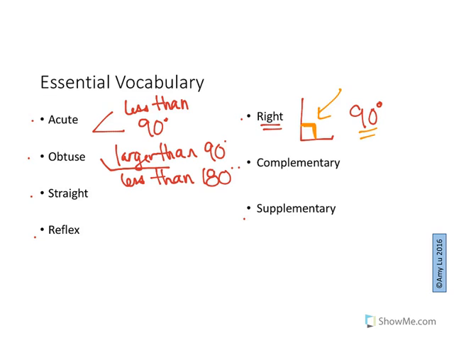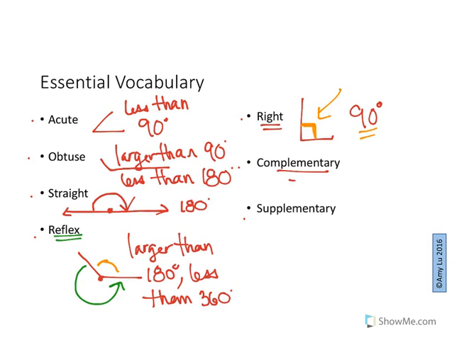A straight angle is simply a line that goes straight across, and therefore if we had a point here, it goes from here all the way to the other side, which makes 180 degrees. A reflex angle, if I were to draw this, we can see that this part right here is obtuse. The reflex angle, though, is the outside. It basically means an angle that is larger than 180 degrees, but less than 360.